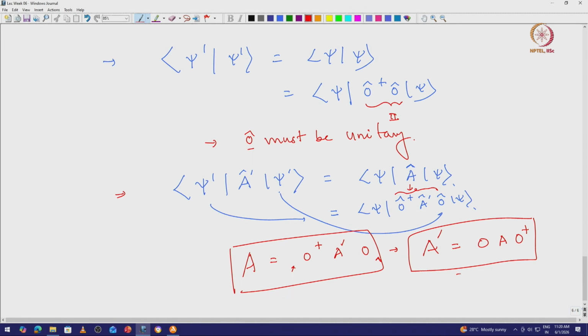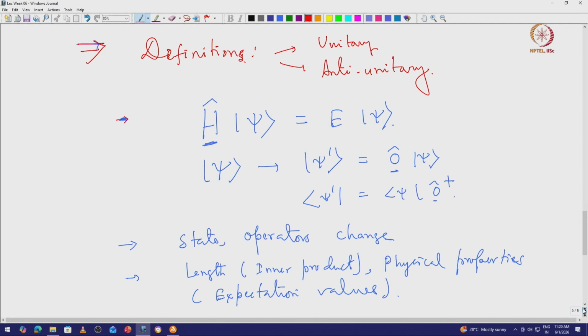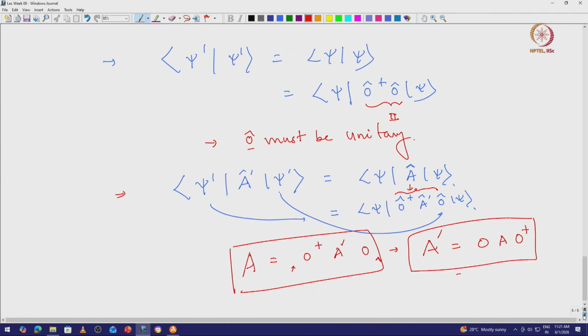Okay. So, state changes like this and operator changes like this, under which the physical properties remain the same. Okay.